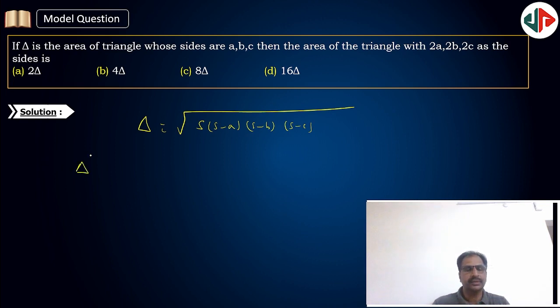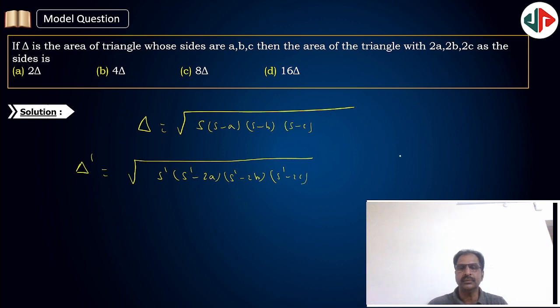Let us say it is delta dash, which is the square root of s dash into (s dash minus...). Here the sides are 2a, 2b, 2c. And what will be s dash?